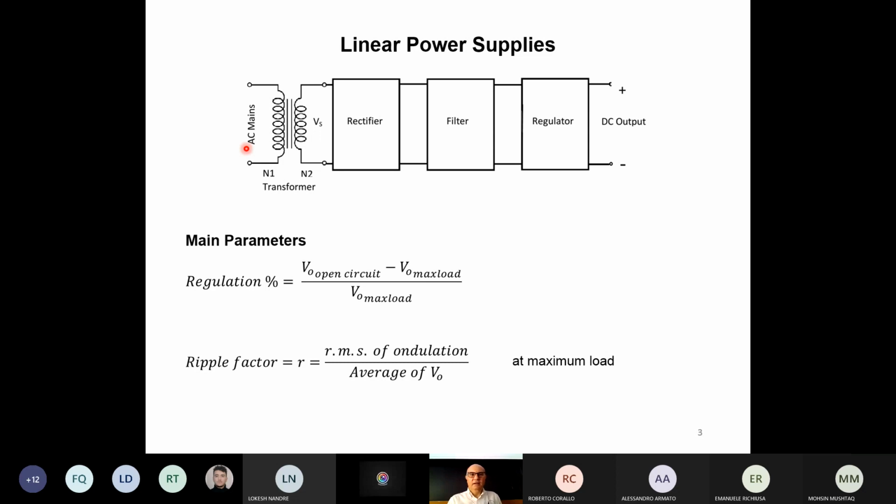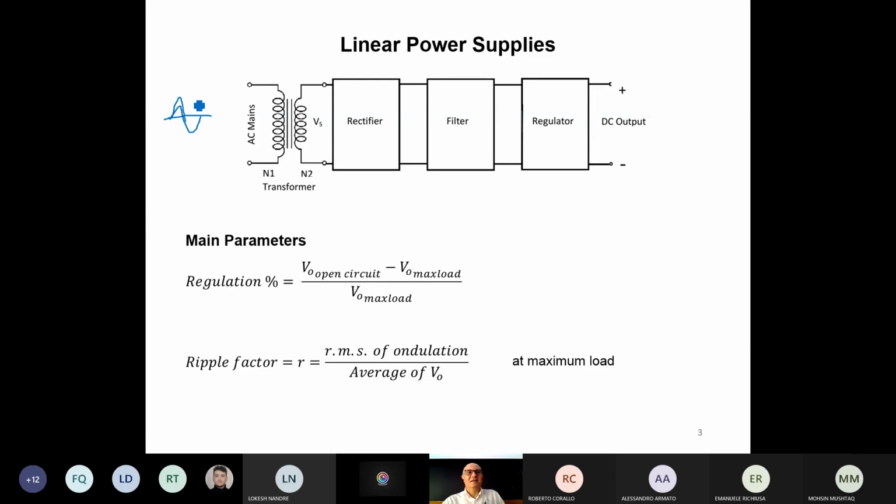This means that the sinusoidal voltage at the input, I can do something like this. Let me see if I can do this, okay? You have here a sinusoidal voltage which goes up and down. Well, this is a very bad sinusoidal voltage. Okay, let's do it like this.